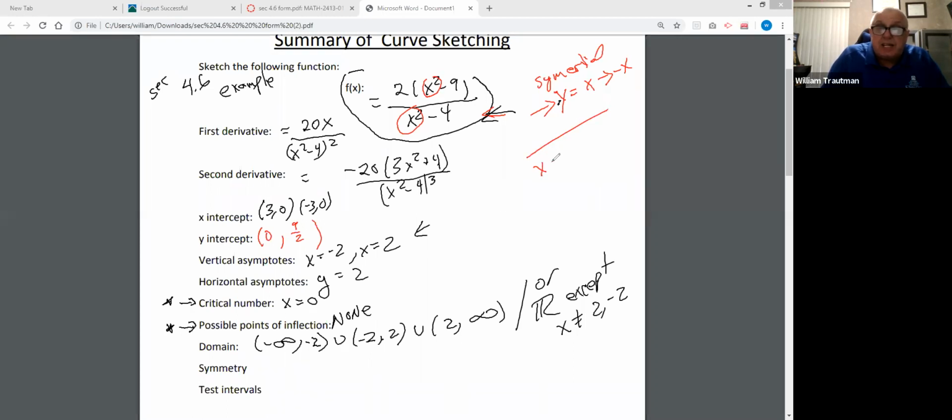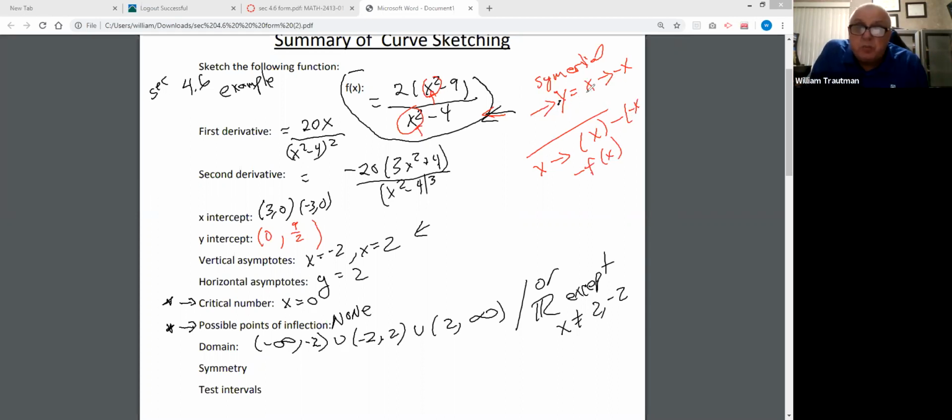For the x-axis, if you replace x with -x and you get the opposite function, you know, the same function with a negative sign in front of it, then it's symmetrical with the x-axis. If you look here, if you replace these x's with -x, then -x squared is still x squared. Nothing changes.